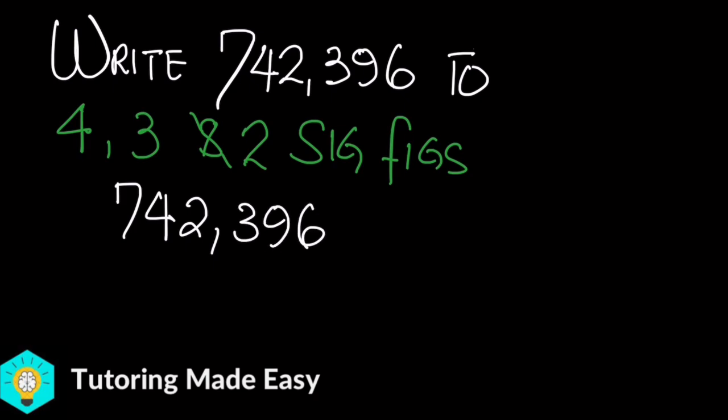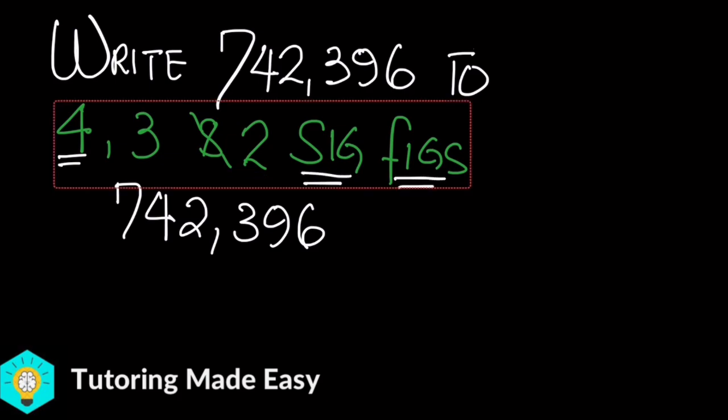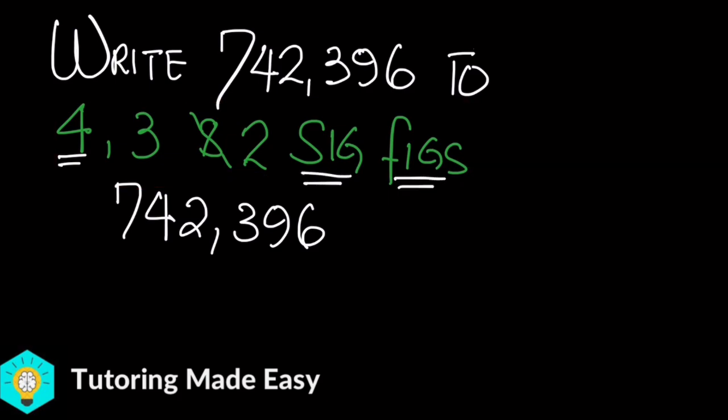742,396. Now, let's imagine we want to start by changing this number to four significant figures. If you can see, the number we've written here is not a decimal number. It's actually a whole number.